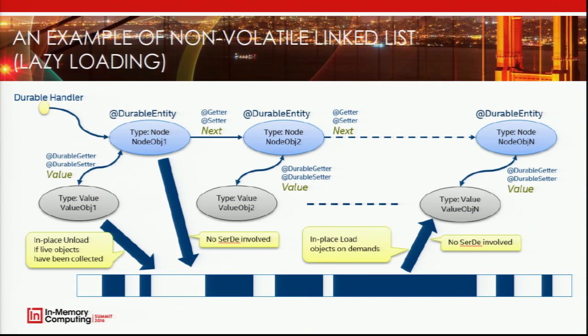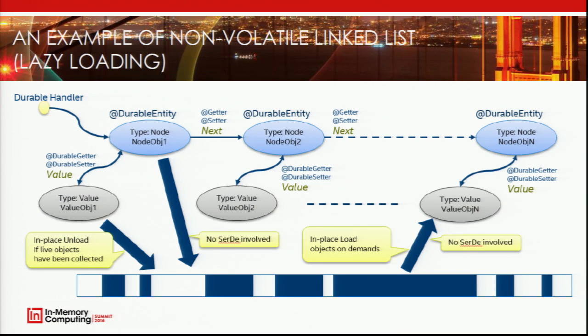Then we know where the DRAM is and we do the memory mapping: where the DRAM is, where the non-volatile memory is, from which address to which address, and where the SSD is. When we start to allocate each of these, and originally this is a handler which tells where the data is, we load only those first-level objects, which are called methods and the volatile fields, into the Java heap, and the rest of the data accesses come directly from the memory address space.